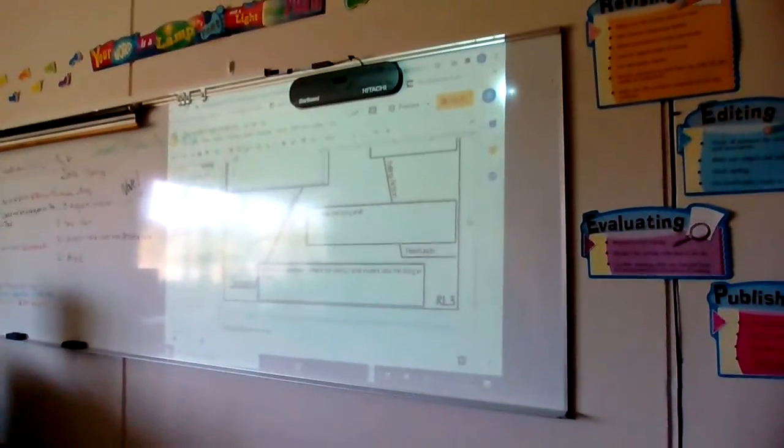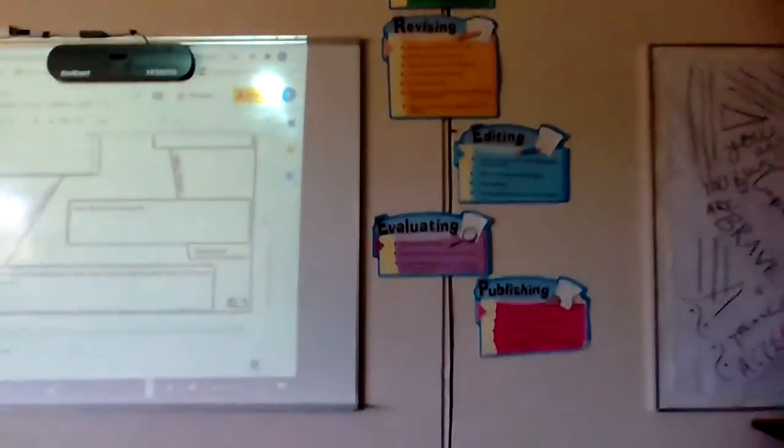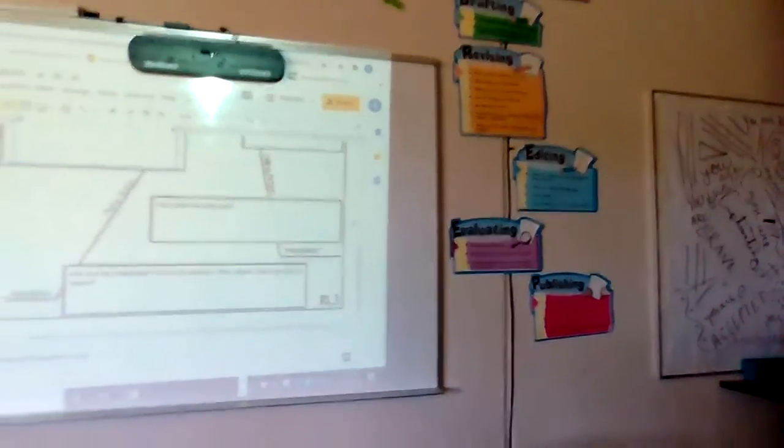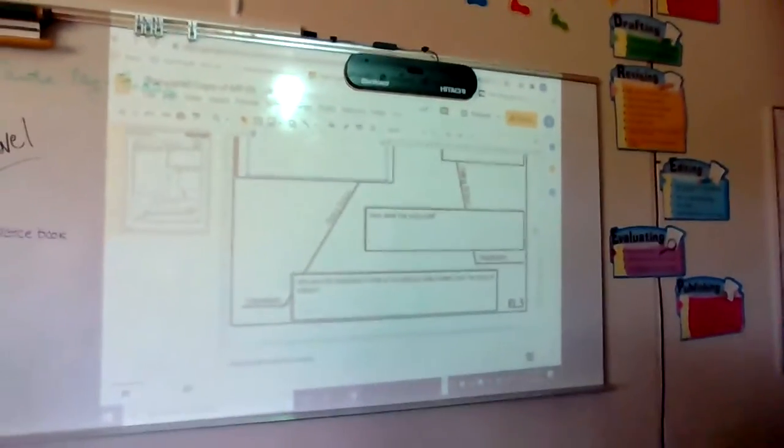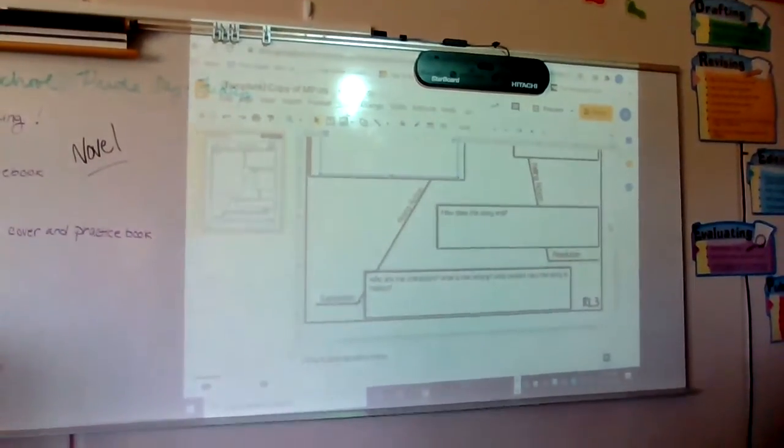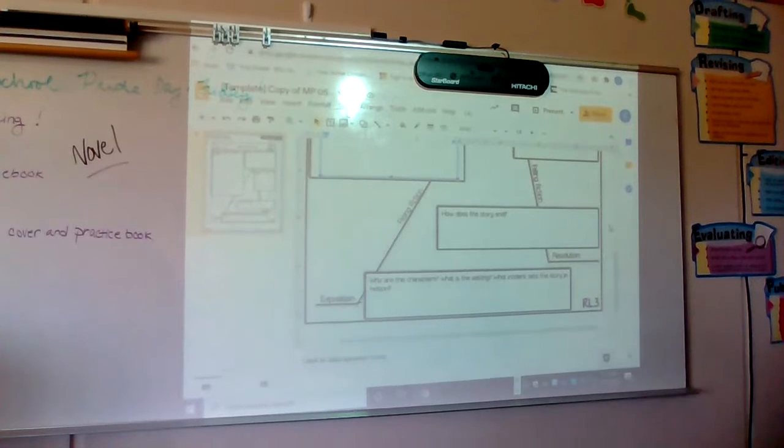What do we call that? Yeah, Ariam just said it. We call that the inciting incident. So when we're looking at exposition, we're looking for the setting, the characters, the basic situation, and the event that sets the story in motion.